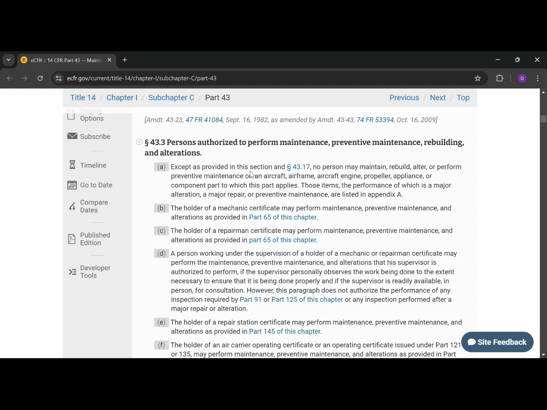Except as provided in this section and 43.17, no person may maintain, rebuild, alter, or perform preventive maintenance on an aircraft, airframe, aircraft engine, propeller, appliance, or component part to which this part applies. Those items, the performance of which is a major alteration, a major repair, or preventive maintenance, are listed in Appendix A.